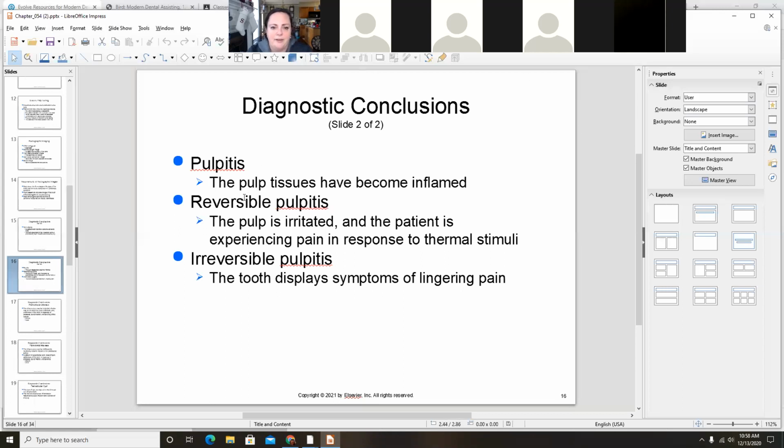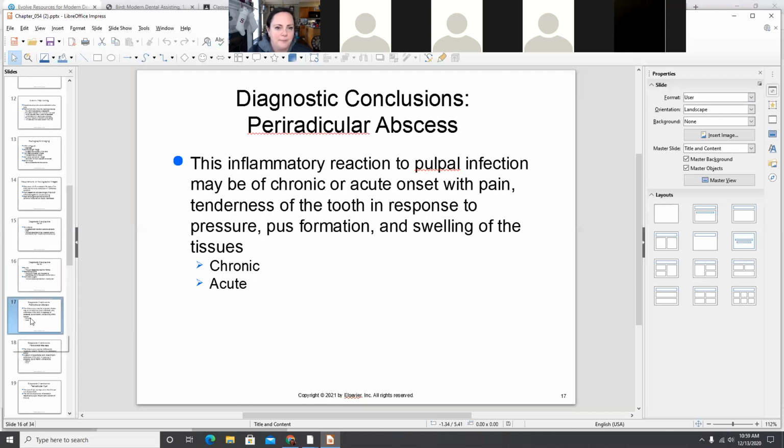If the patient has inflamed tissues, we may be able to give them an antibiotic and the tissues can become uninflamed depending on what the particular problem is, okay? But irreversible pulpitis, every single time the tooth has symptoms of lingering pain, definitely needs a root canal. All right. Periradicular abscess, this inflammation reaction to pulpal infection may be chronic or acute onset with pain.